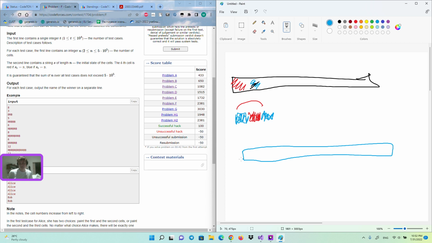It's just who has the more cells. So the question is, how long can we destroy two neighboring cells of different colors? Whoever can do it the majority of times wins.